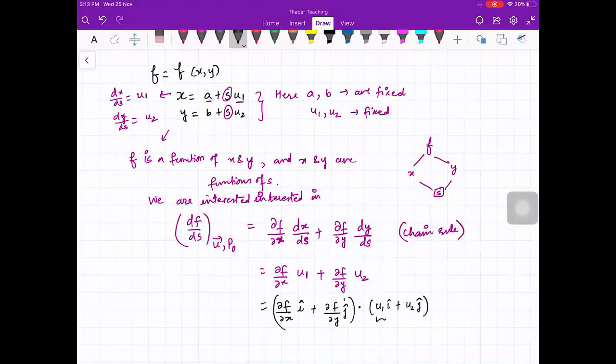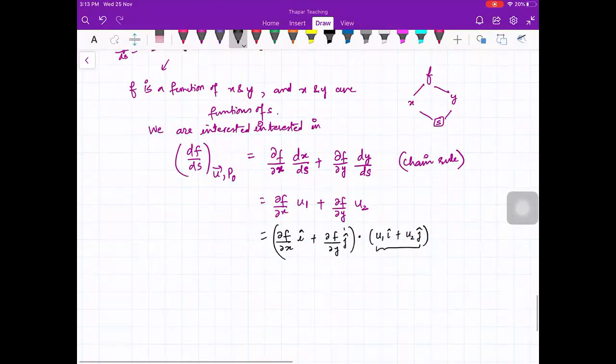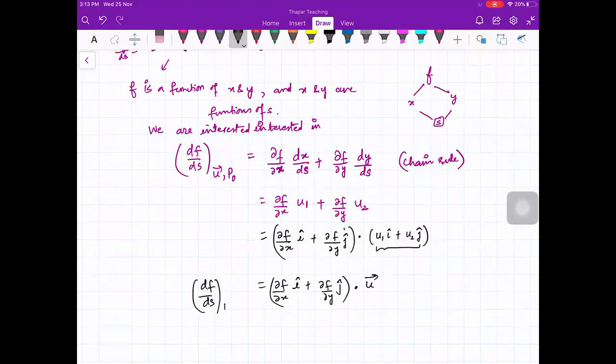Now what is this? This is your unit vector. So you get curly f by curly x i cap plus curly f by curly y j cap, dot product with u vector. This is your directional derivative. This is how you will compute the directional derivative. Obviously everything has to be calculated at the point P naught.